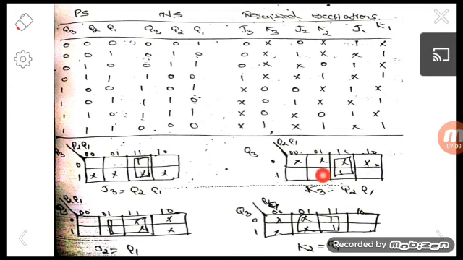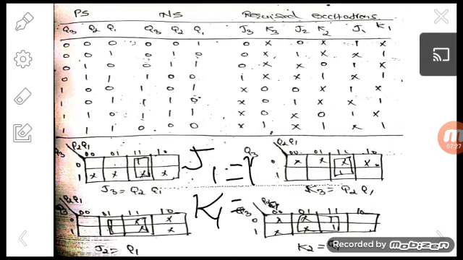When 8 ones are grouped, the value will be 1, so J1 is equal to 1, and K1 is equal to 1.